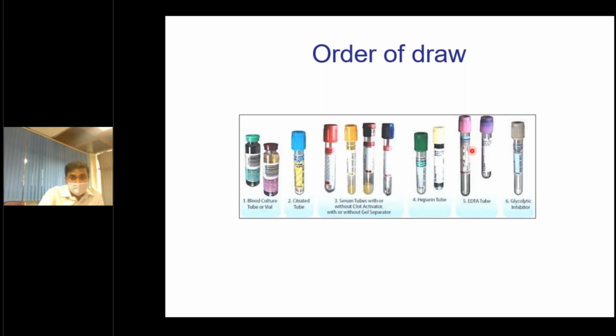And this EDTA also has potassium as an additive, and potassium can spill onto the next tube through the multi-sample needle, giving falsely high potassium levels. So the order of draw goes from left to right here.